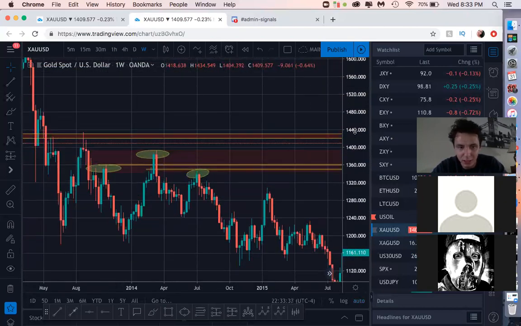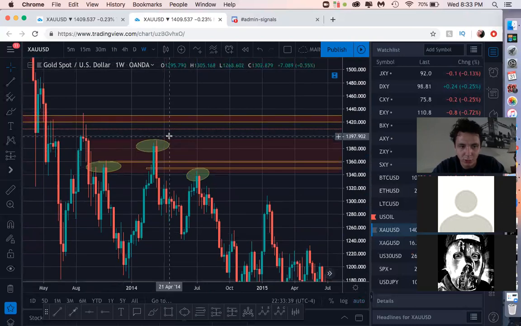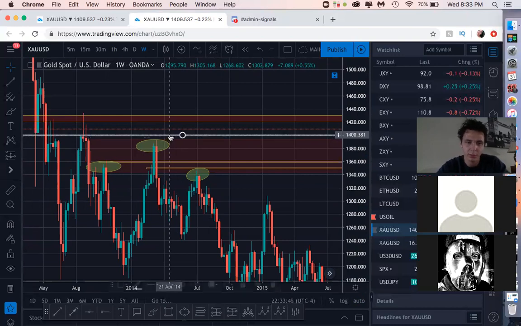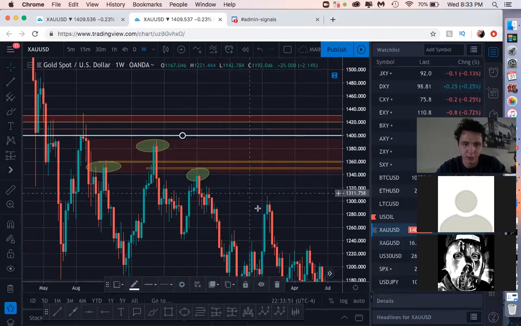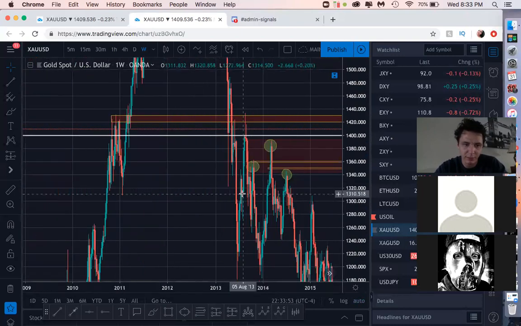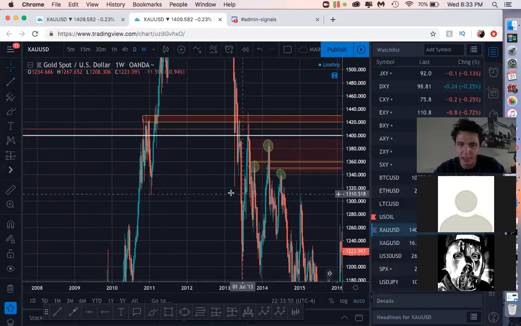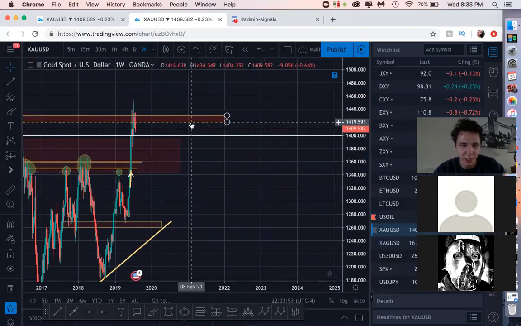What I'm seeing is this 1400 level. Again, institution, it's a double zero level. Let me fix this. So we got 1400, nice round even number, easy on the eyes, very sexy.